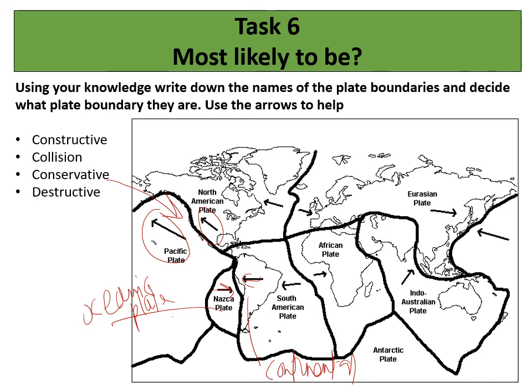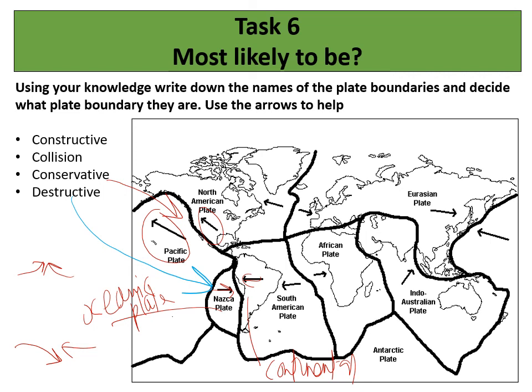So remember, at collision plate boundaries, that's 2 continental plates, whereas at a destructive plate boundary, we have an oceanic plate and then we have a continental plate, and this means the oceanic plate sinks and the continental plate rises. So the Nazca plate and the South American plate is an example of a destructive plate boundary.